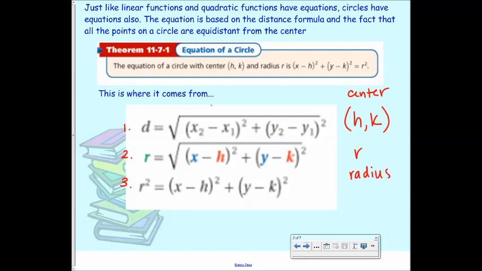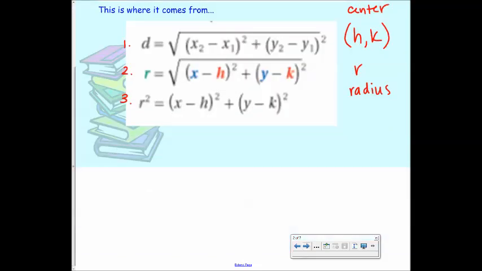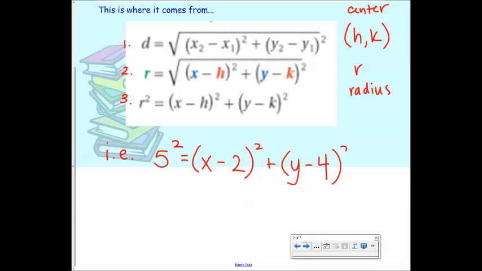So when you have the equation of a circle, the information that you're going to need is the radius and the center. So when you plug stuff in, the way you want it to look is, this would be an example of an equation of a circle: 5 squared equals x minus 2 squared plus y minus 4 squared. So your equation should look something like this.